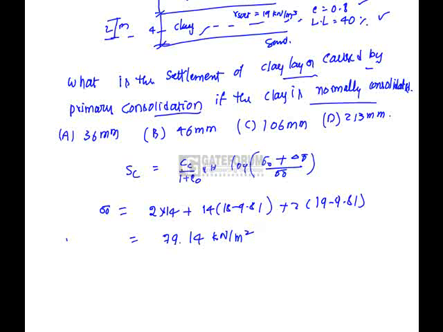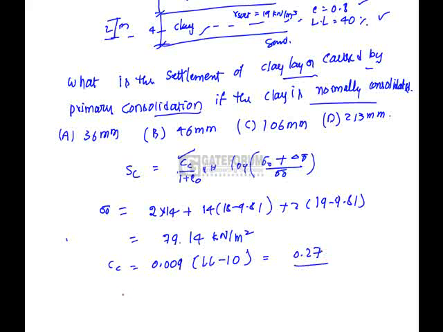So for Cc, we have to find out the compression index. We know the empirical relation, Cc is equal to 0.009 into (liquid limit minus 10) for a normally consolidated clay. If you substitute liquid limit 40 over here, that implies Cc is 0.27.